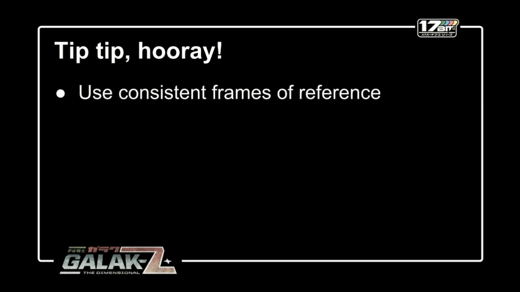Now I wanted to share with you some tips, some things that I wish I had known when I started. They're useful in general, but especially if you're going to be doing procedural content generation, I think. The first one is use consistent frames of reference. You should pick a coordinate system and stick to it. This sounds really simple, like of course you would. Why would you change? Well, that's exactly what I did.